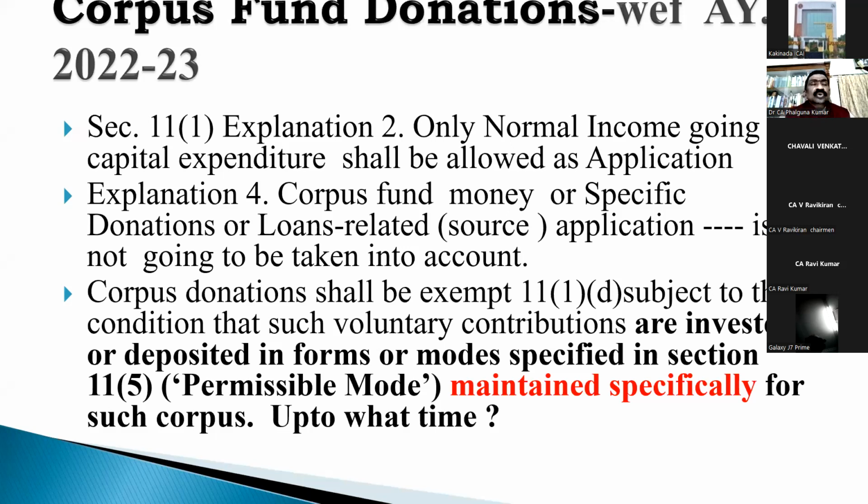So in a particular year, you received corpus fund donations, but keeping them in FD, keeping them in buildings is not possible, so you show it as income and application both sides. But in subsequent year, whenever you get surplus money and you deposit or invest in specified modes, in that year, again, you can claim your income exemption. So this is what the important amendment is there.